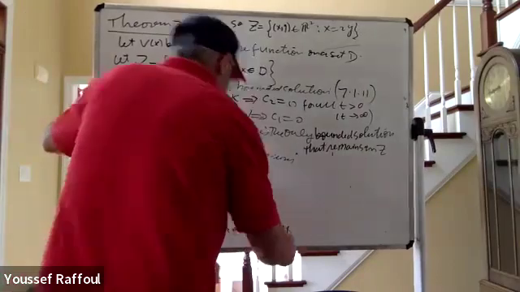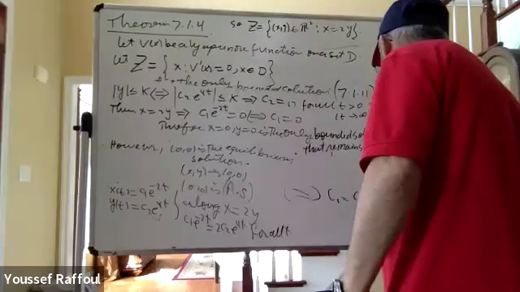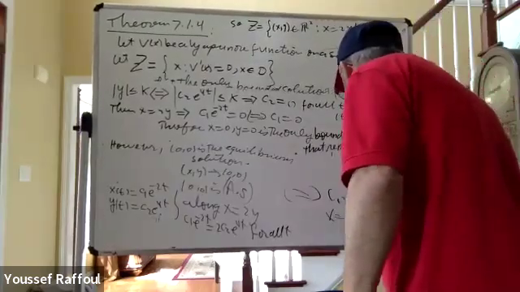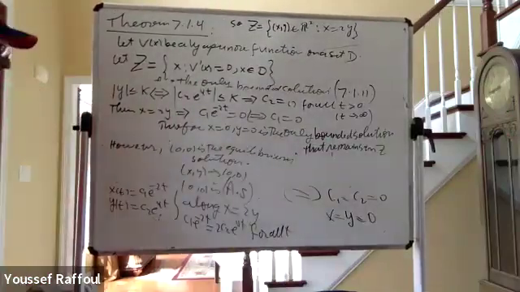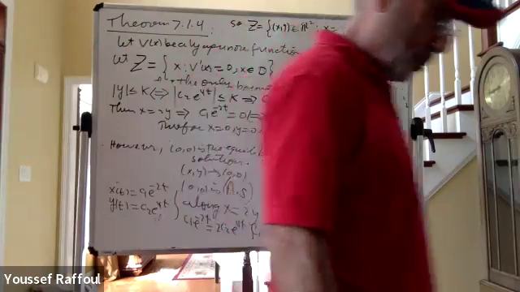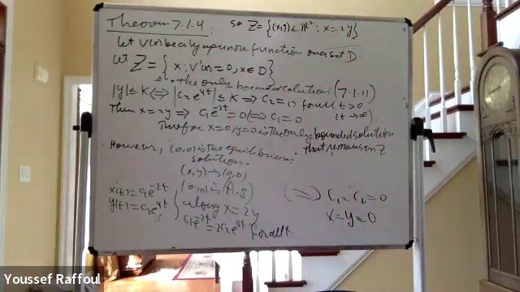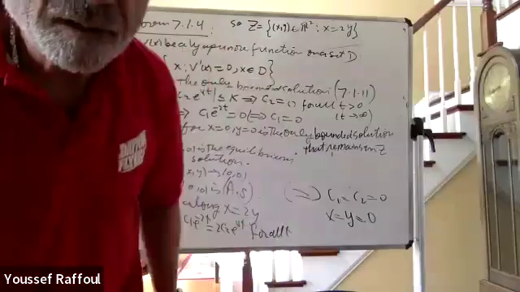But this is if and only if c1 equals c2 equals 0, then x equal y equals 0. Okay? It's another way to look at it. What do you think? Any questions?